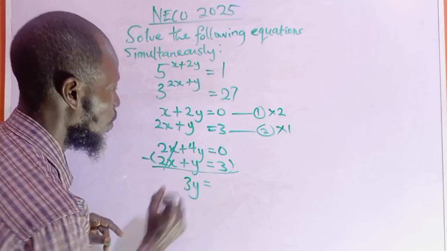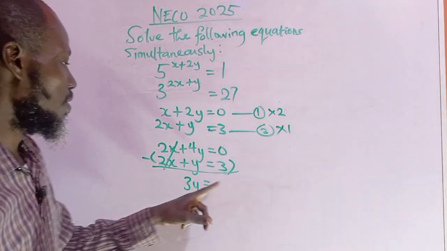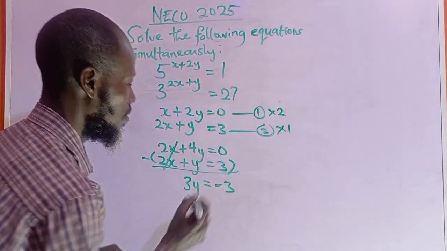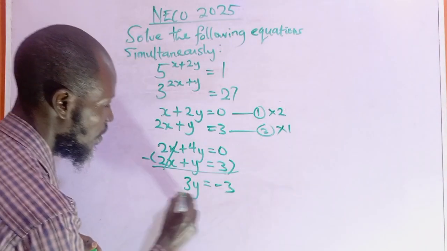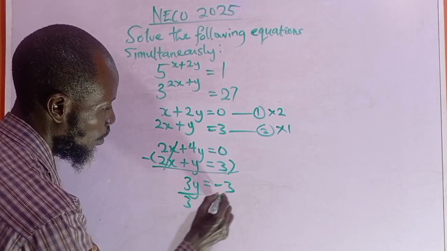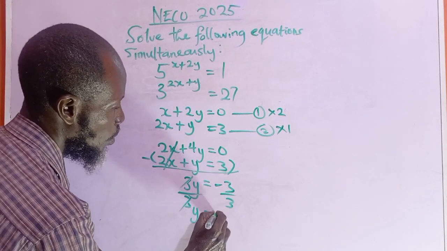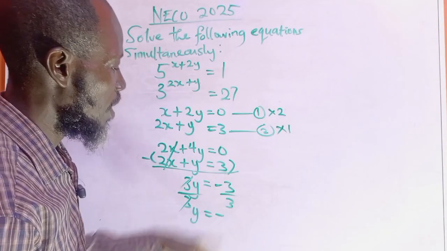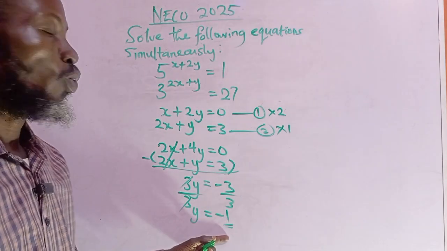And then 0 minus 3 gives us minus 3. Now we are looking for y, so we divide both sides by 3. So we have y is equal to minus 3 divided by 3, that is 1. So y is minus 1.